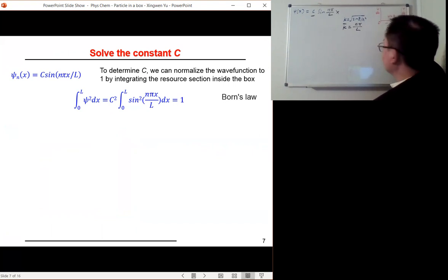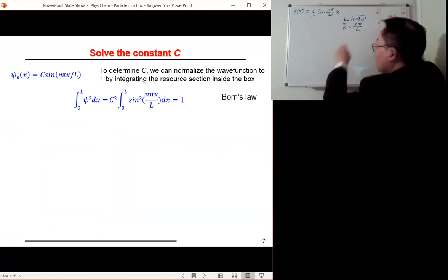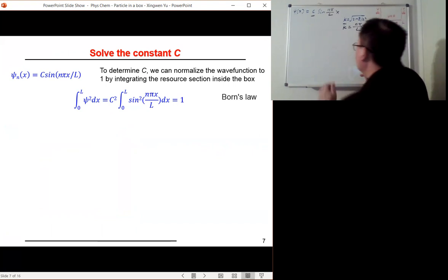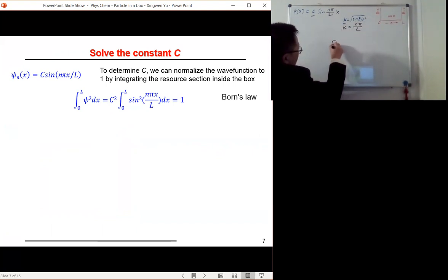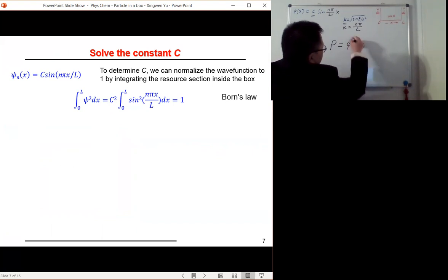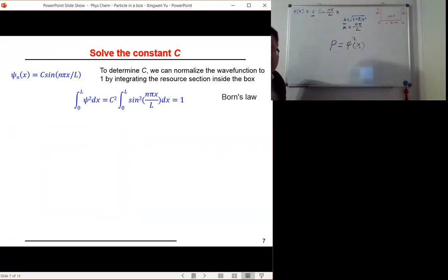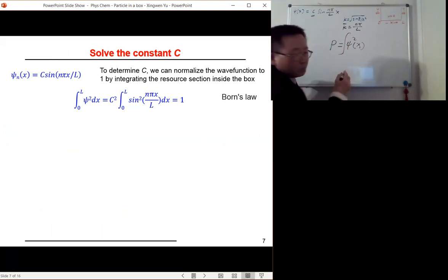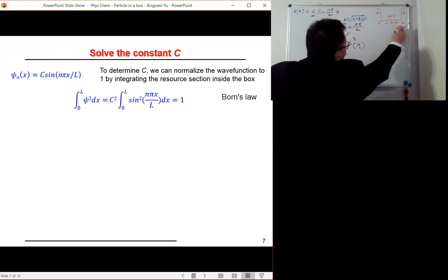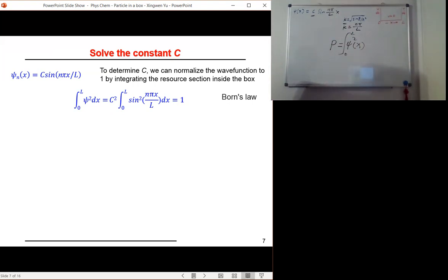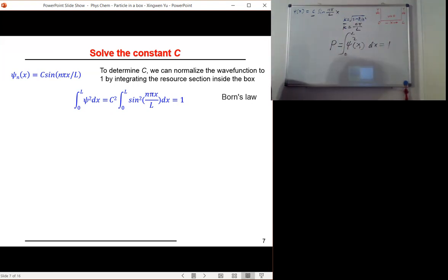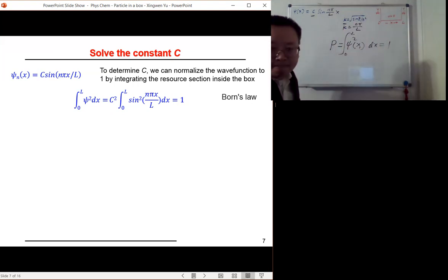The probability density is only considered inside the box, because outside of the box, on the wall of the box, the wave function is 0. The probability density is defined as psi squared. If we integrate from 0 to L inside the box, dx must be 1, right?